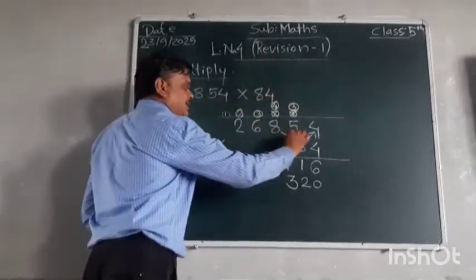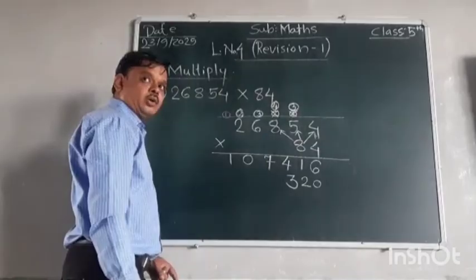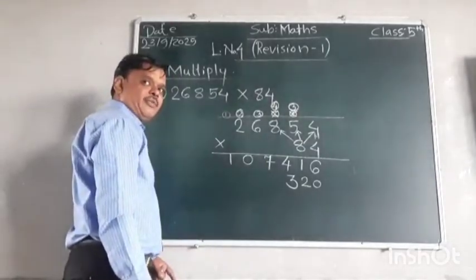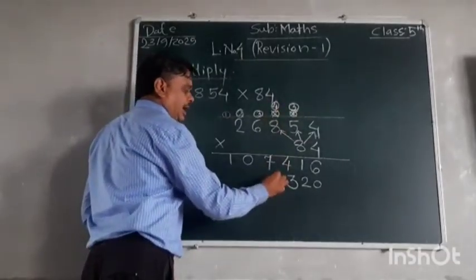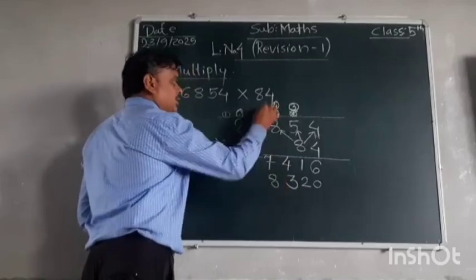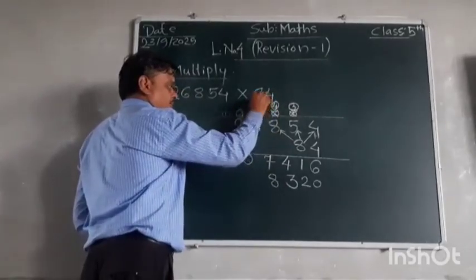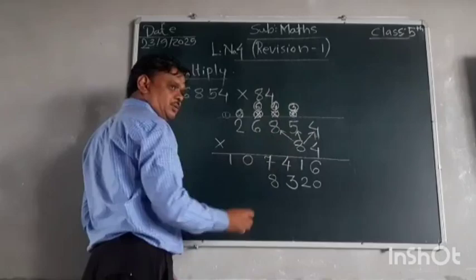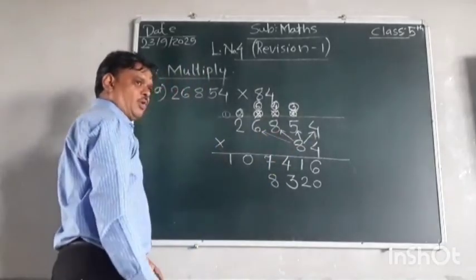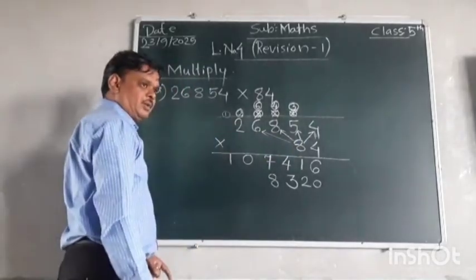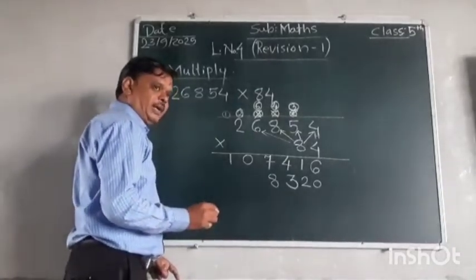Now 8 eights are 64. 64 plus 4, 68. So 8 is here, and 6 will be carry at the 1000s place. 8 sixes are 48. 48 plus 6, that is 54.